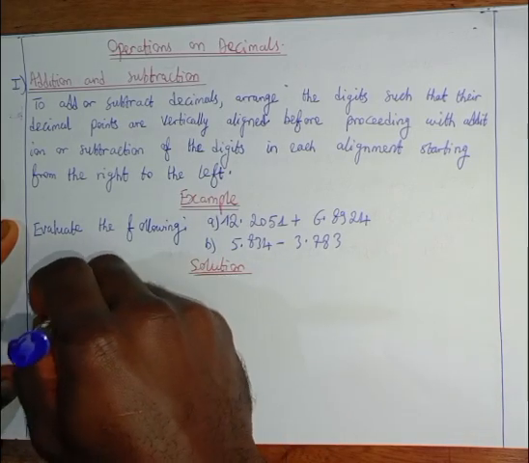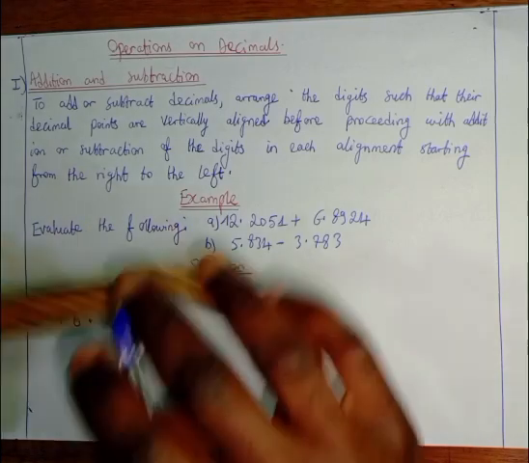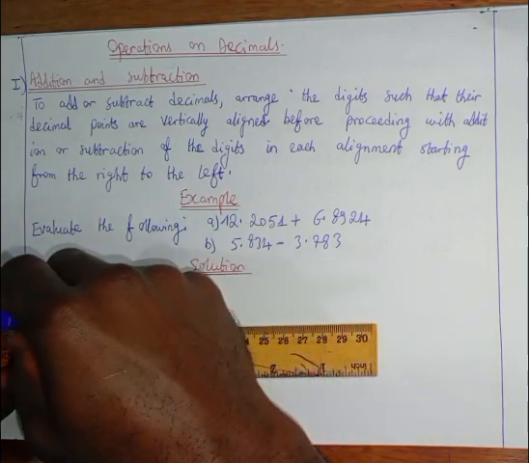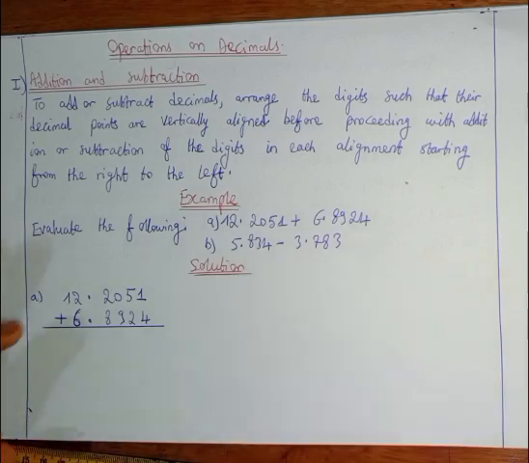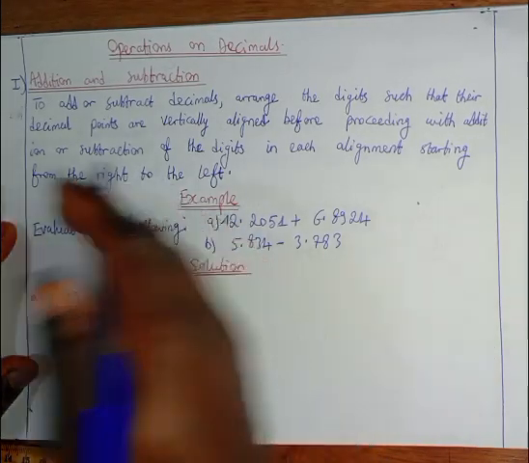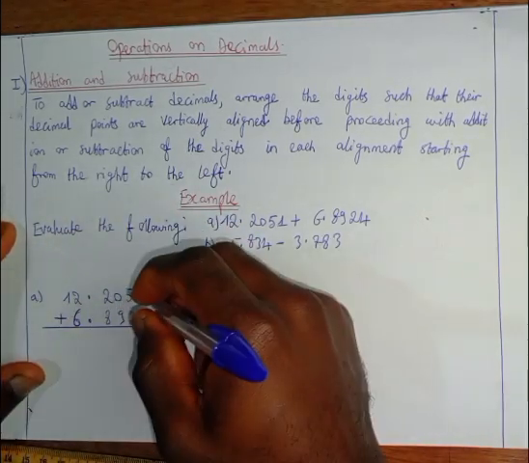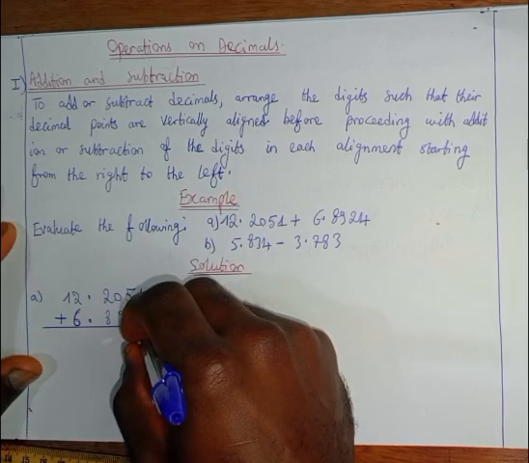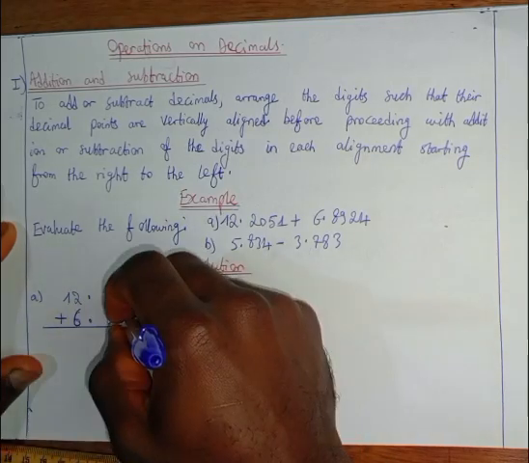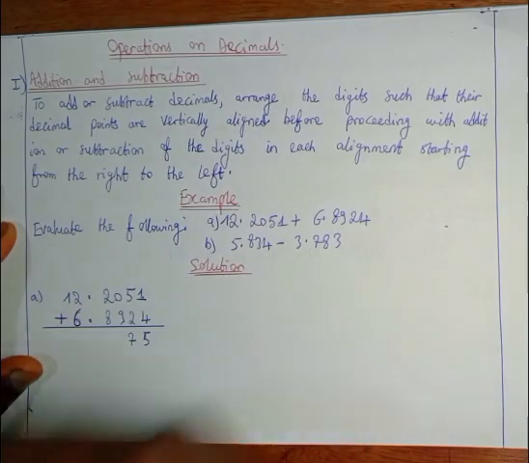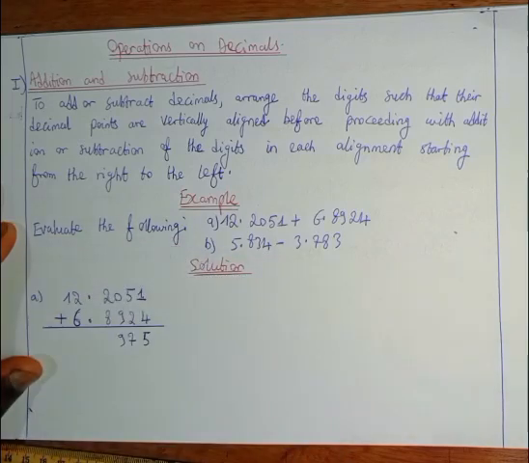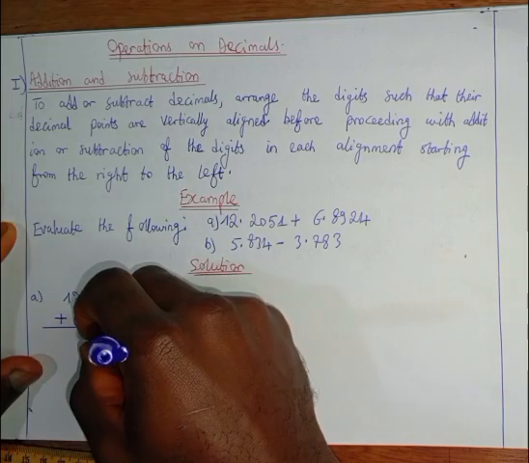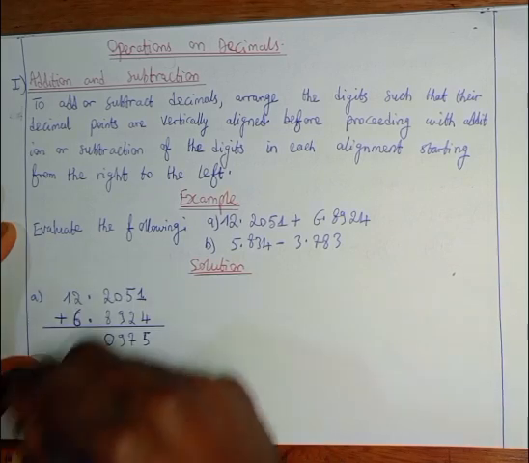Then we add. We draw a horizontal line. We write the results below. We start adding from the right to the left. 1 plus 4 gives us 5. We write the 5 here. 5 plus 2 gives 7. 0 plus 9 remains 9. 2 plus 8 gives us 10. We are going to write down 0 here.